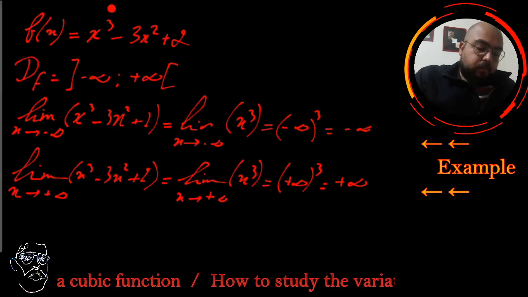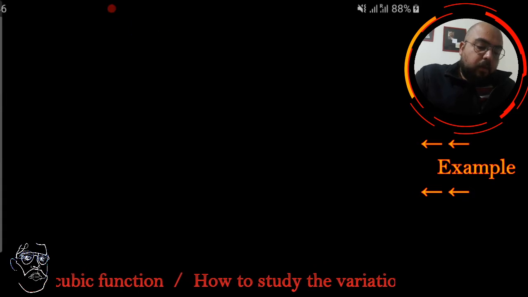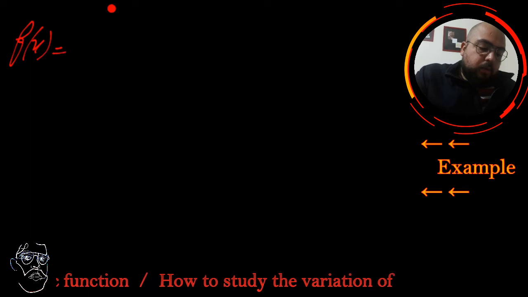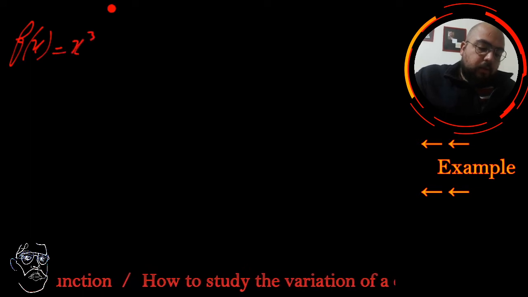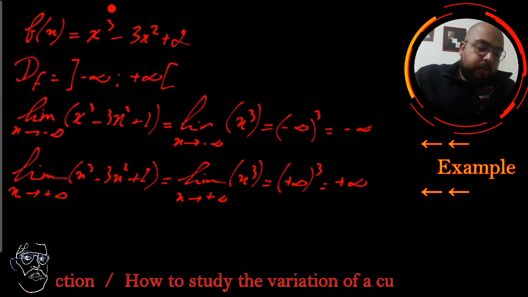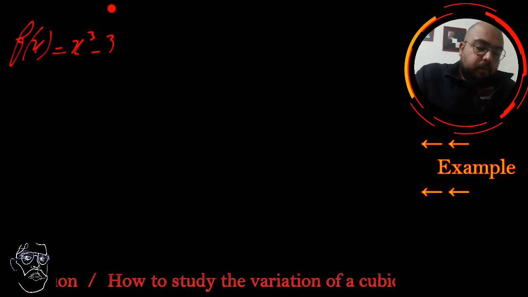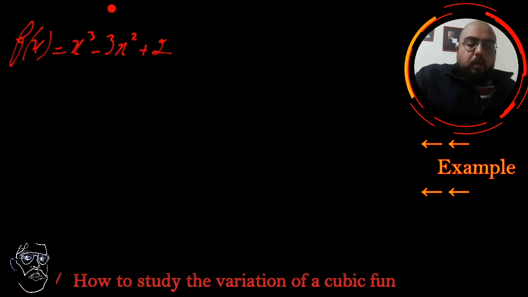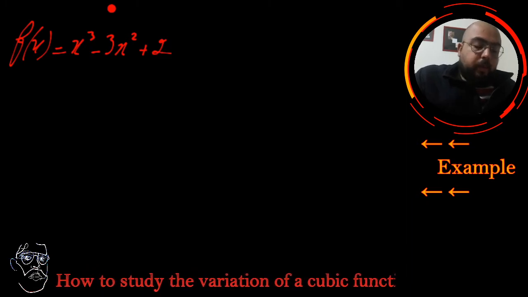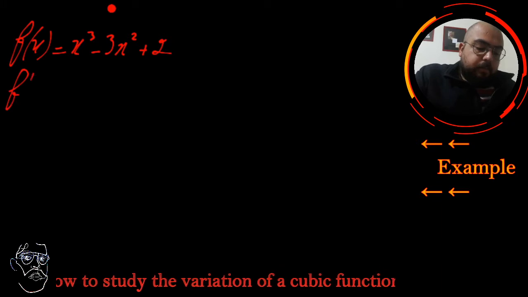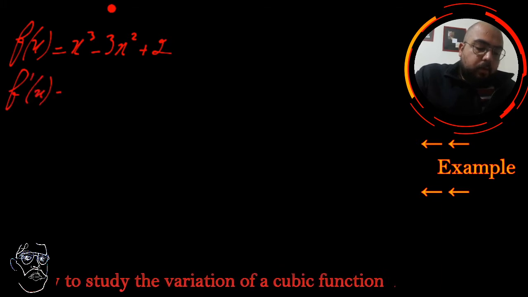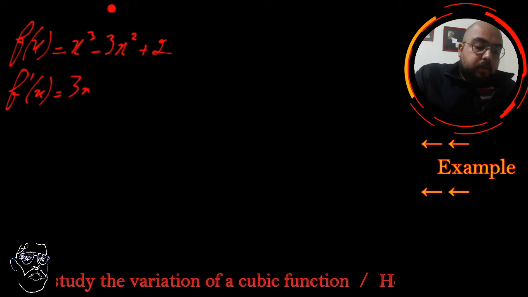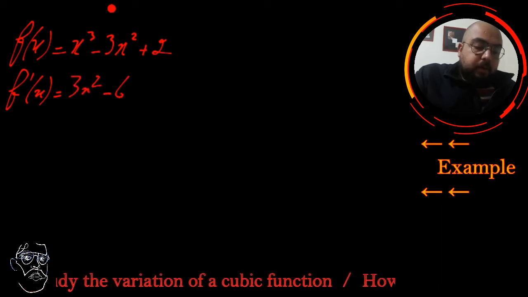So in this case, your function is f of x is equal to x cubed minus 3x squared plus 2. To calculate f prime of x, it will be equal to 3x squared minus 6x.